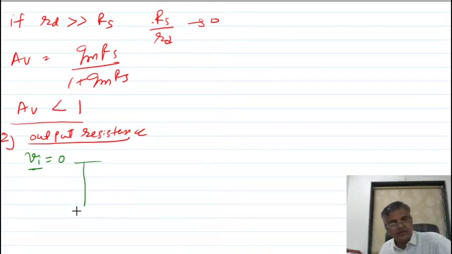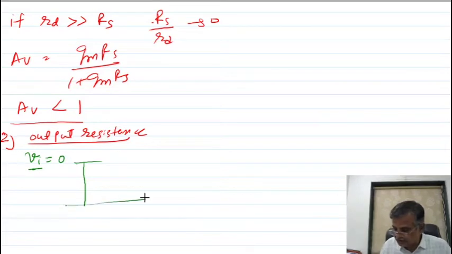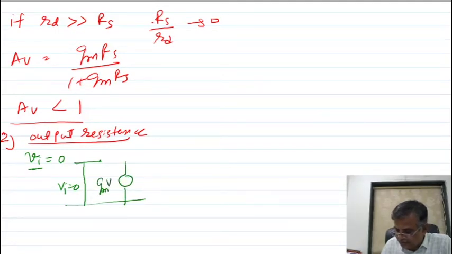It will be shown like this. This is the equivalent circuit, Vi is 0. This is your GM VGS, and here is RS parallel RD. This is your output voltage, and this is your output current.